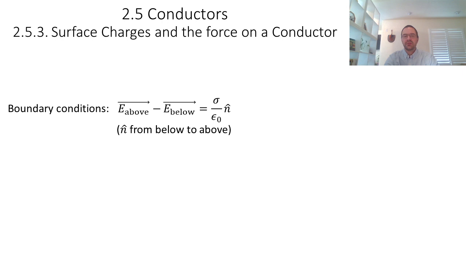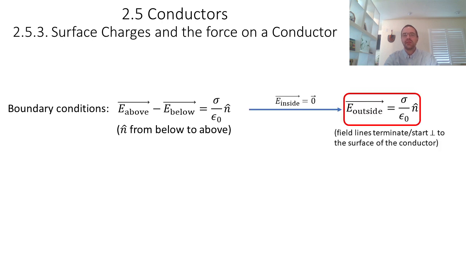Remember the boundary conditions. For example, the boundary condition for the electric field tells you that the E field above the charged surface minus the E field below the surface is equal to sigma over epsilon naught n hat, where n hat is a normal vector perpendicular to the surface and in the direction from below to above.